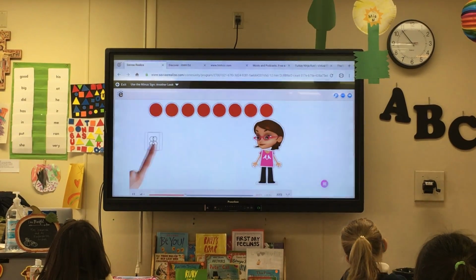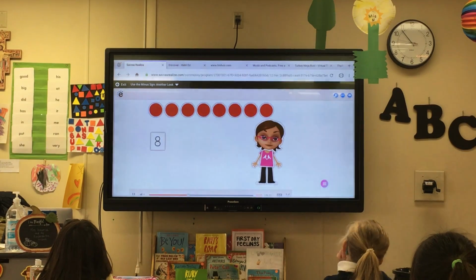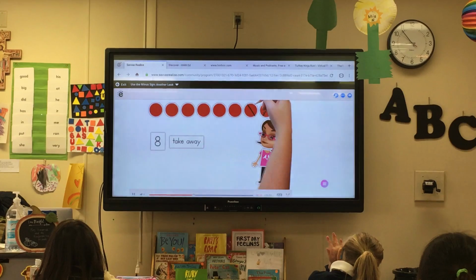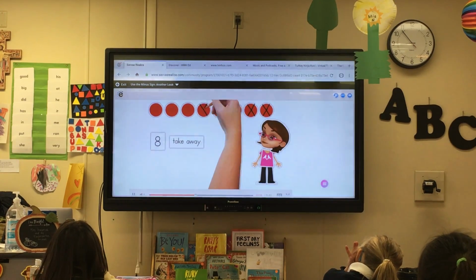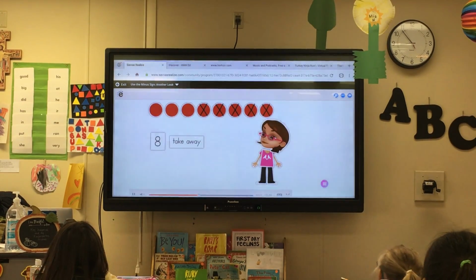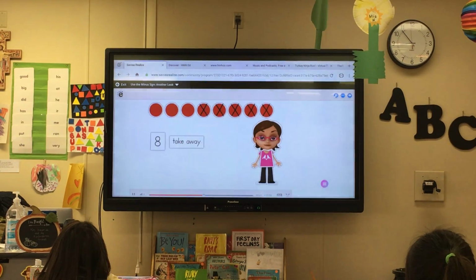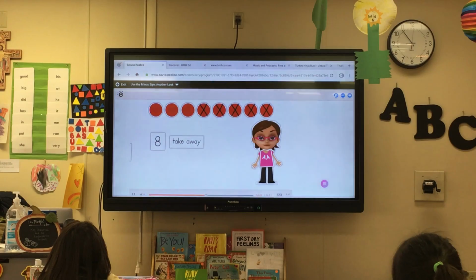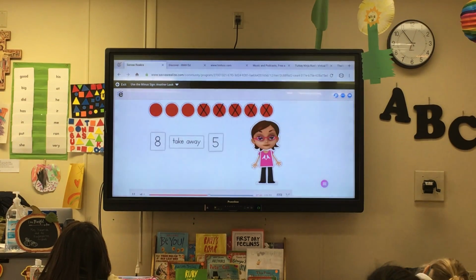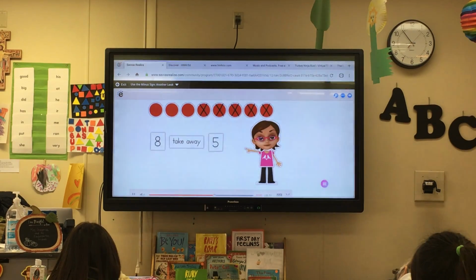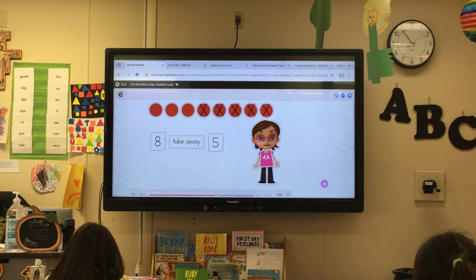We can show the number 8 to tell how many counters in all. Now I'm going to take away 5 counters. Can you count the number of counters I took away? Yes. How many counters did I take away? 5. We can show the number 5 to tell how many are taken away. And what does take away mean? Take away means subtract.